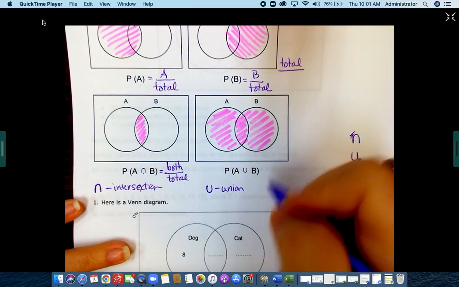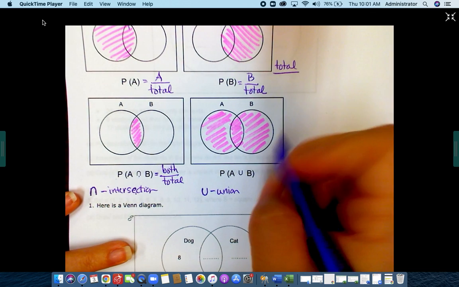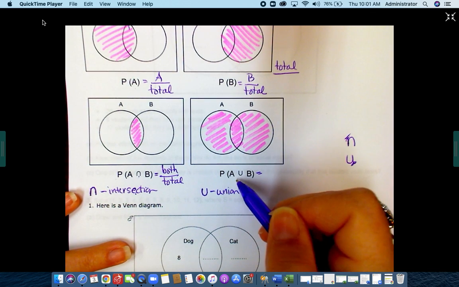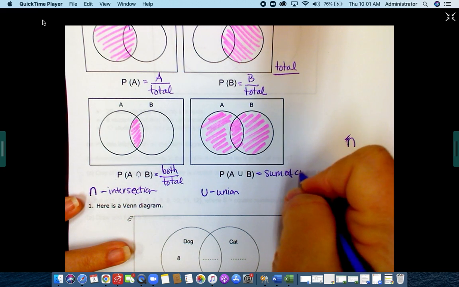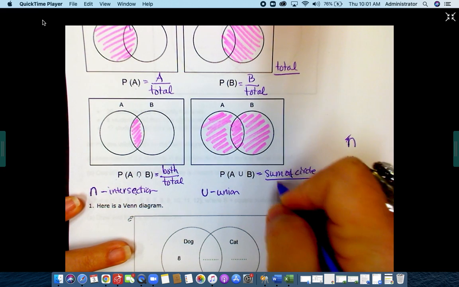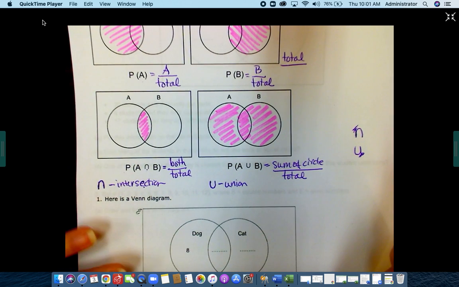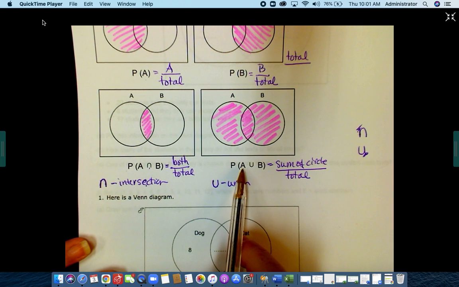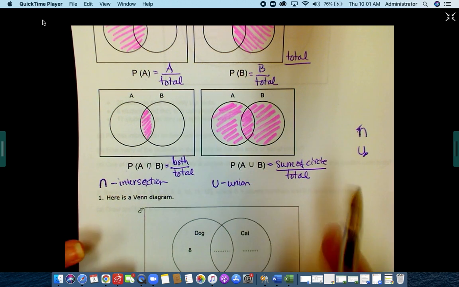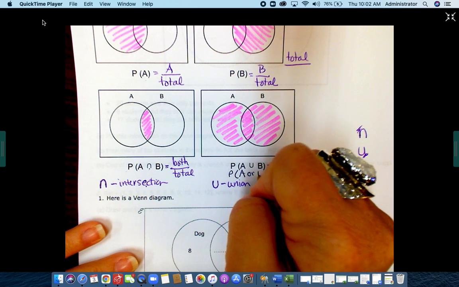So again, we're just going to combine everything in here for A and B. So the probability of A union B is the sum of the circles, so I'll put sum of circles divided by total. The other thing I want you to be familiar with is we often say instead of A union B, this is the same thing as saying A or B.